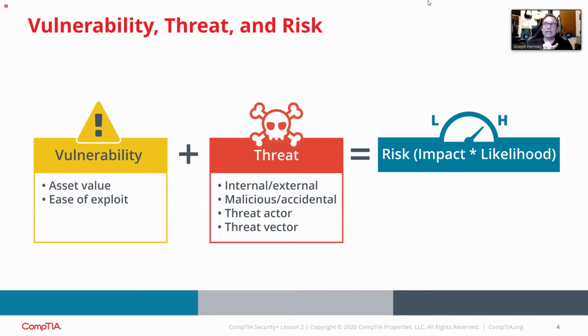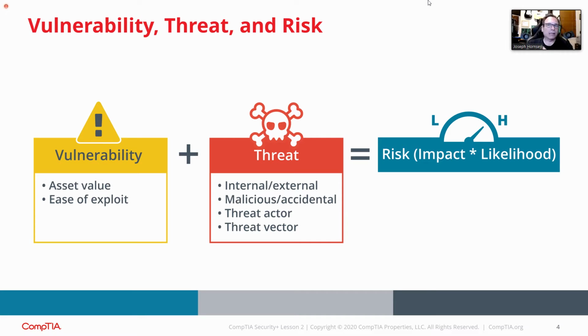Vulnerability is the weakness or the thing that could be exploited. The threat is the potential that it could be exploited. The threat actor is the person or entity that poses the threat. The threat vector or attack vector is the tool or path they use to exploit the vulnerability.